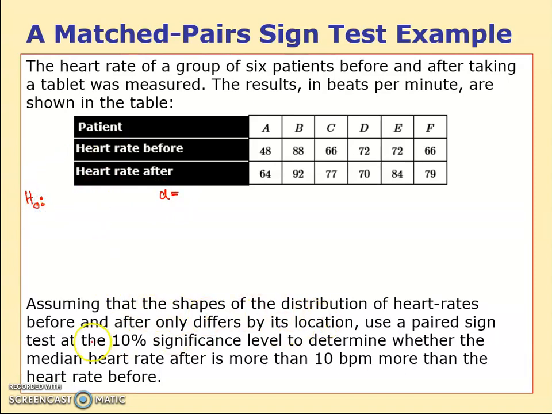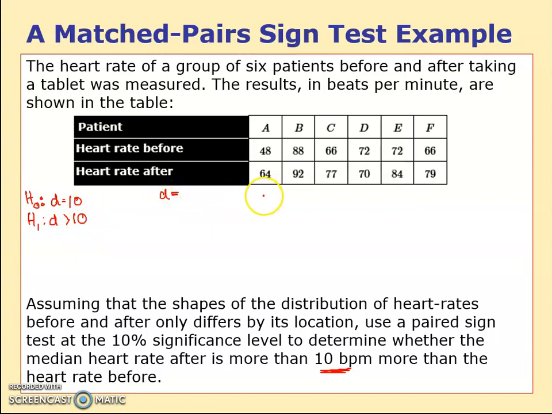Use a paired sign test to test whether the before and after taking the tablet are more than 10 apart. So the difference we're assuming in H0 is 10, and H1 says more than 10. So let's see what we end up with.